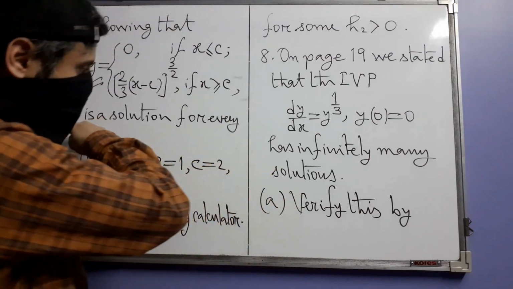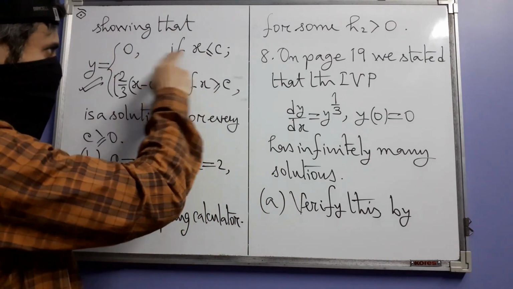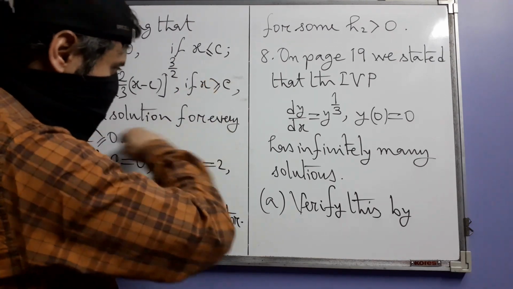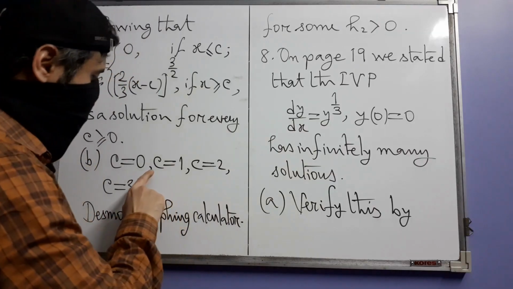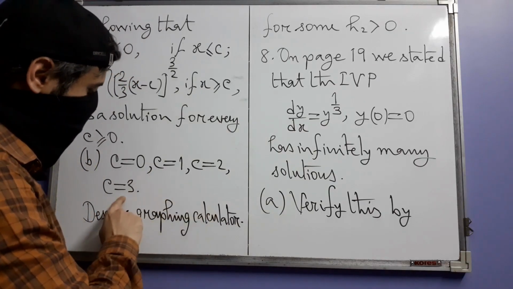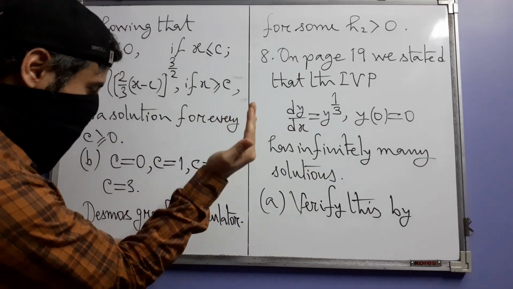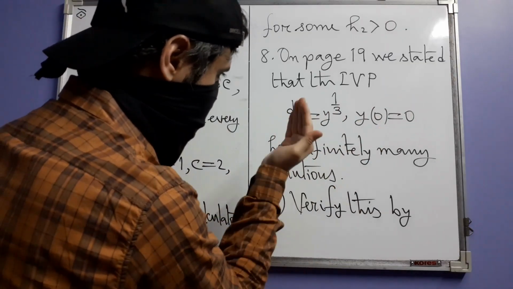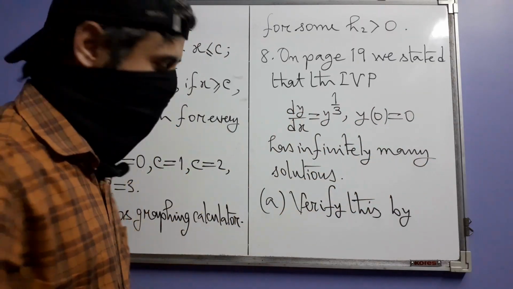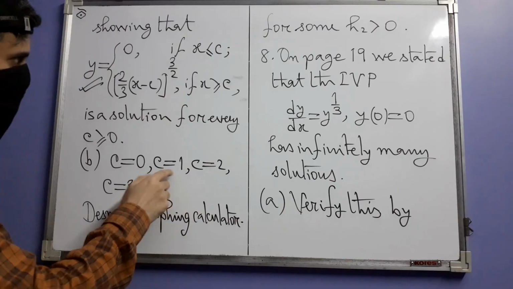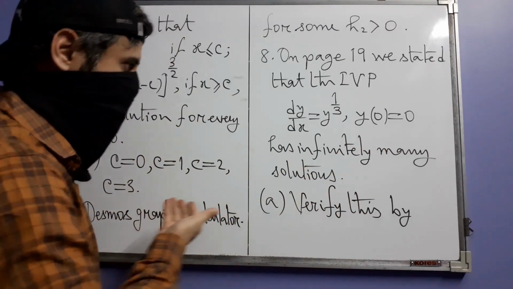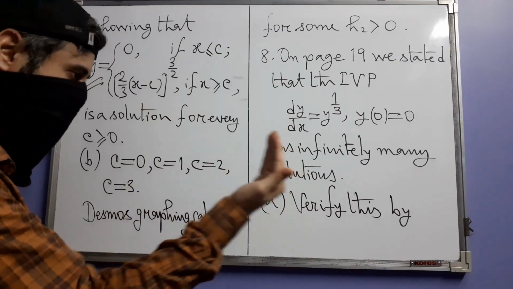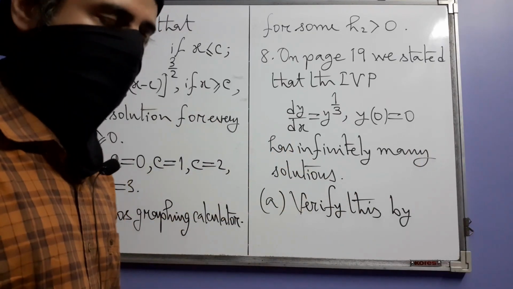On the left side of the origin, it's just the x-axis, and then it goes up like this. As you take higher and higher values of C, that itself slides to the right. For C equal to 1, it slides to the right. For C equal to 2, it slides even more, but the shape remains exactly the same.